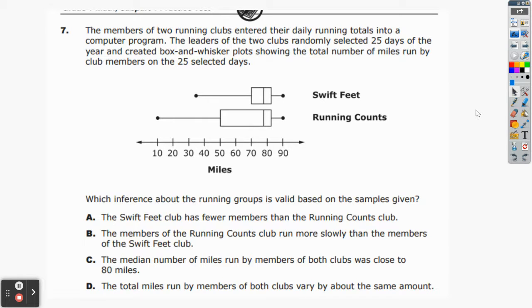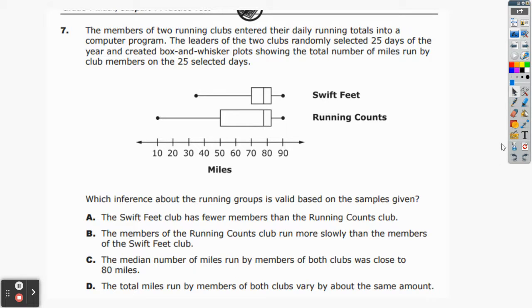The members of 2 running clubs entered their daily running totals into a computer program. The leaders of the 2 clubs randomly selected 25 days of the year and created a box and whisker plot showing the total number of miles run by club members on the 25 days selected. There was 2 teams.